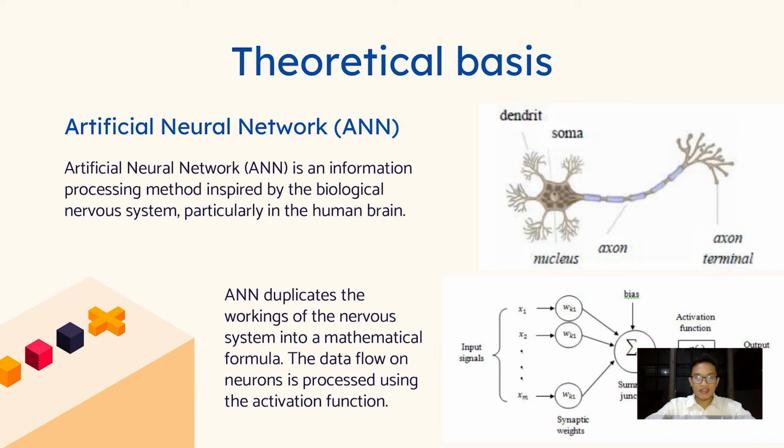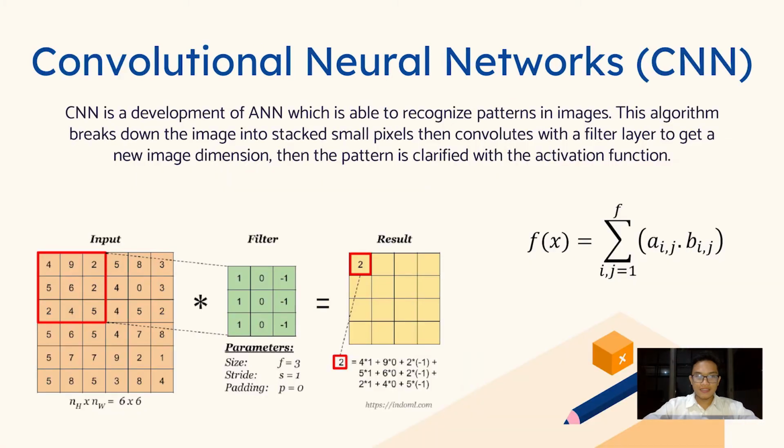On the right side, you can see the display of the nervous system, and at the bottom is the mathematical formula of the nervous system. CNN is a development of ANN, which is able to recognize patterns in an image.